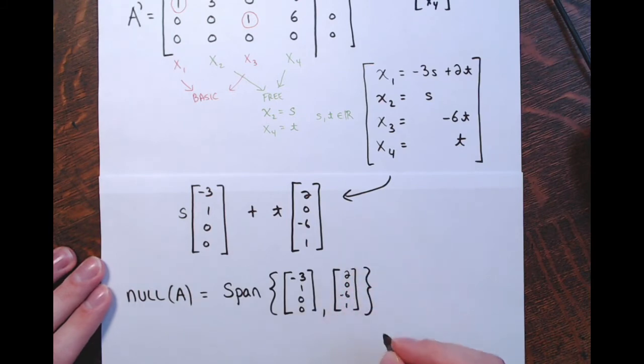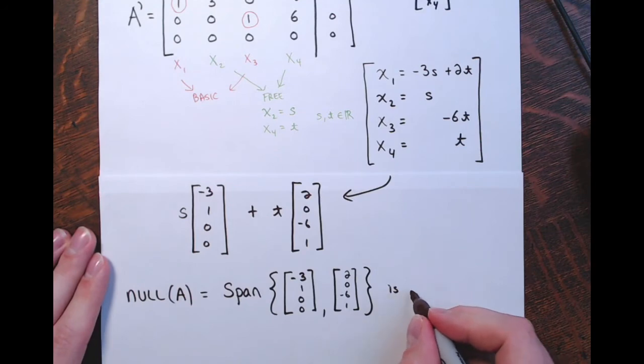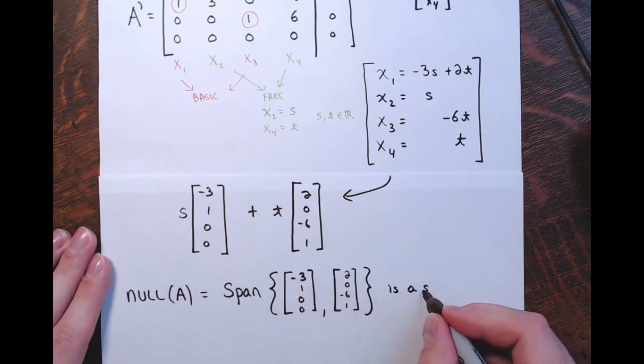And again, this would be a subspace of R4. These are vectors from R4.